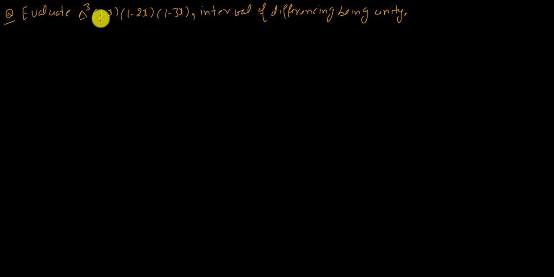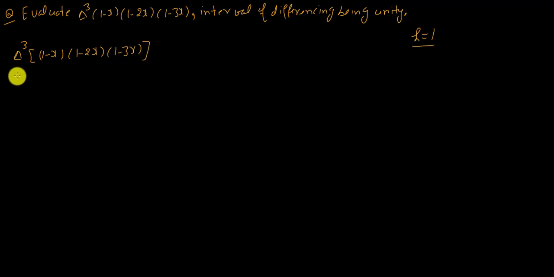Delta cube: we have to calculate delta cube of (1 minus x)(1 minus 2x)(1 minus 3x), where the interval of differencing is unity. So it is worth mentioning that h is given as 1. Let me calculate this one: inside is 1 minus x, 1 minus 2x, 1 minus 3x.